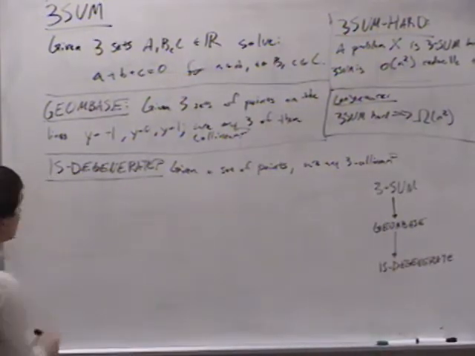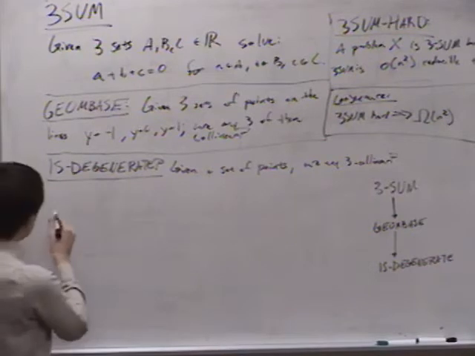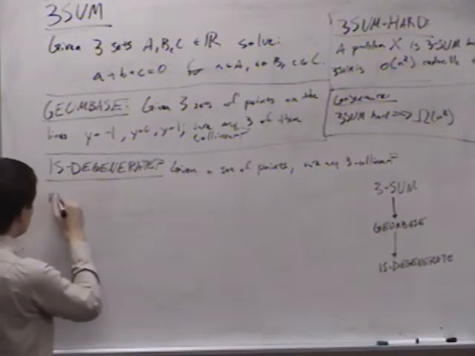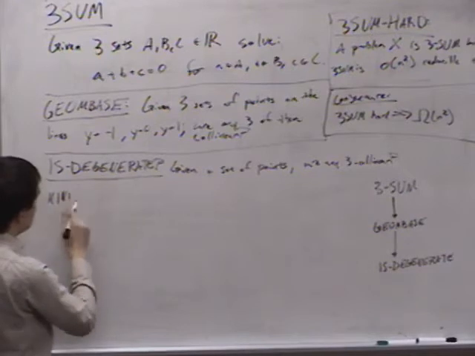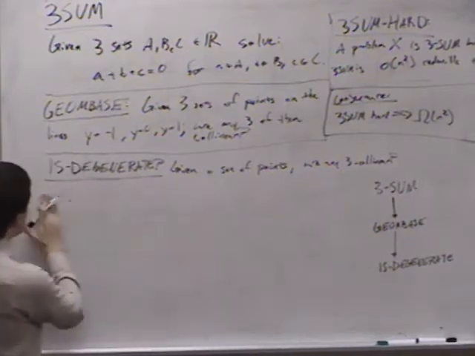And similarly, we can consider this problem of finding a minimal area triangle. So we'll call this problem smallest triangle.